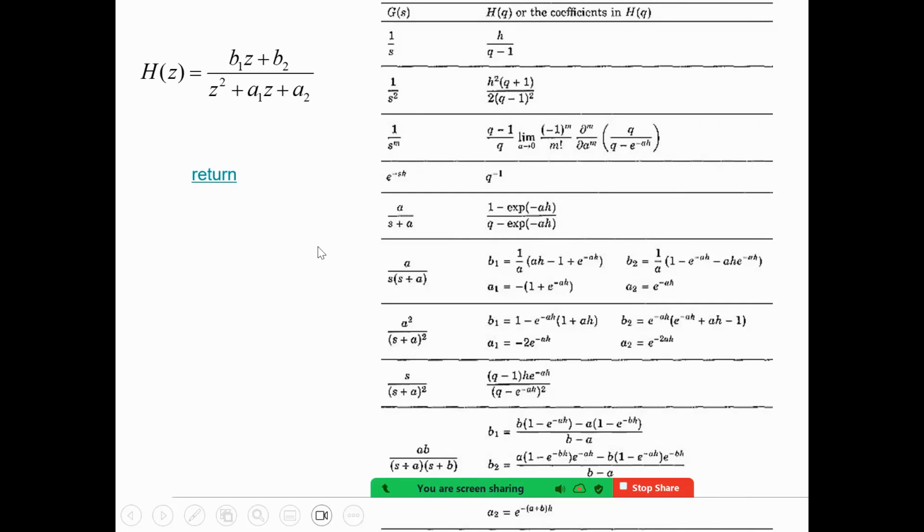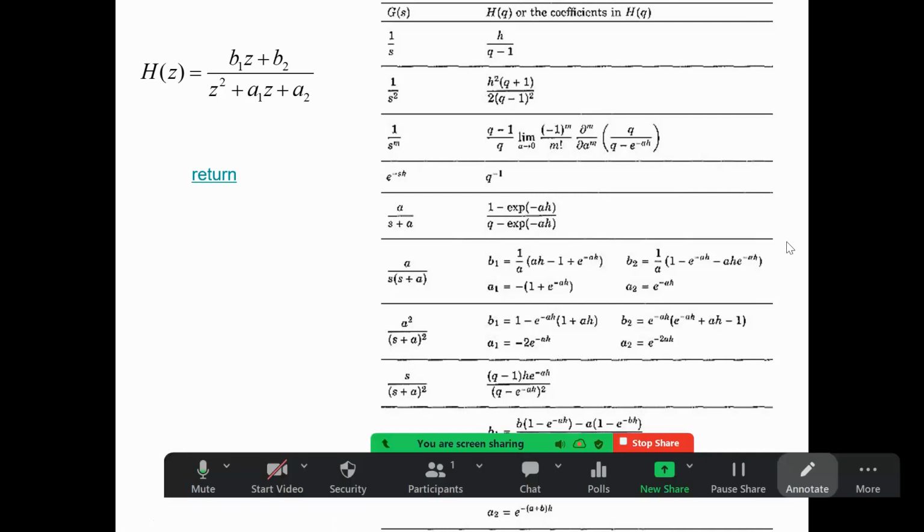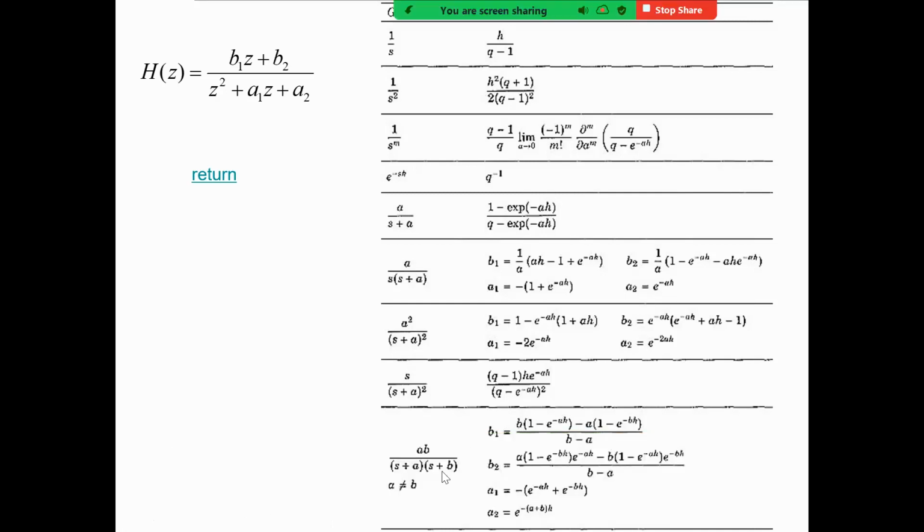But sometimes we ask, how do we use this table? For a second order system, it will only give you those values a1, a2, b1, b2. This is the way to understand the meaning of those coefficients, which means you have a second order polynomial, a second order system.